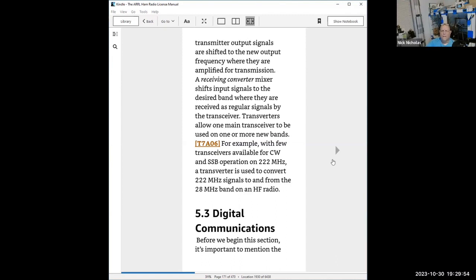They take in a whole block of spectrum and they move where that whole spectrum is transmitted back out to another portion of spectrum, usually on a different band. That way you can listen on one band and transmit on another, and multiple people can use the satellite. I think that maybe still is called a transverter, a transducer, maybe. Anyway, those are all related technologies. Circuitry wise, they work very similarly.